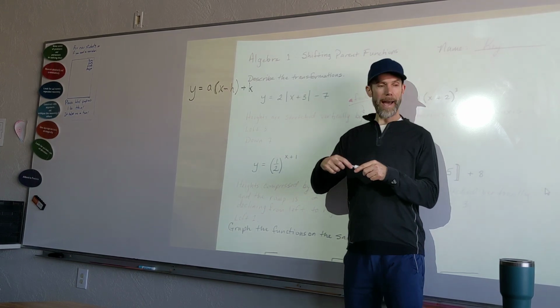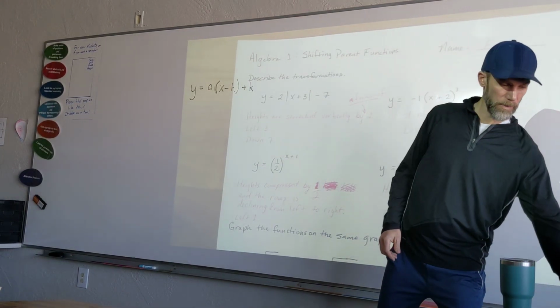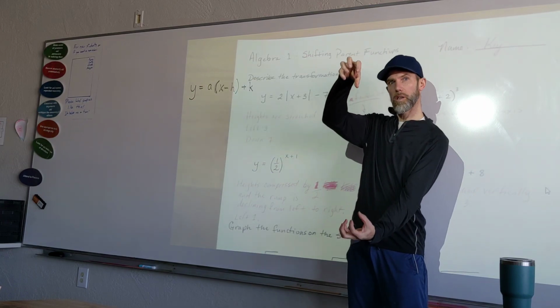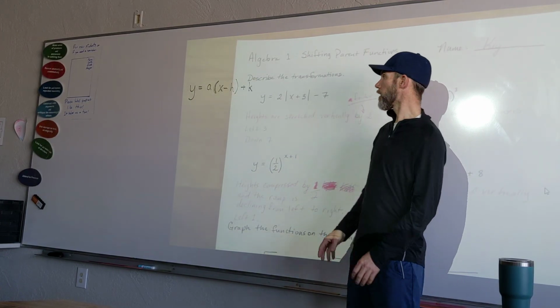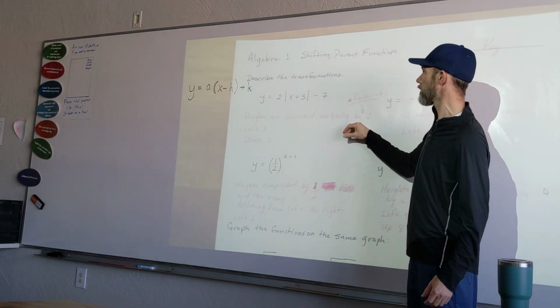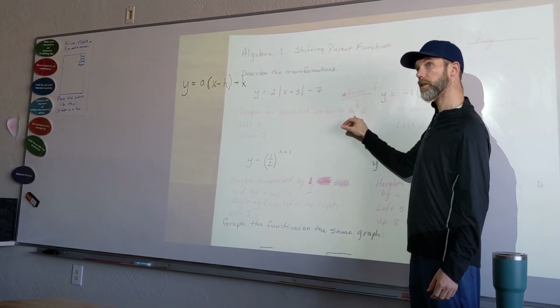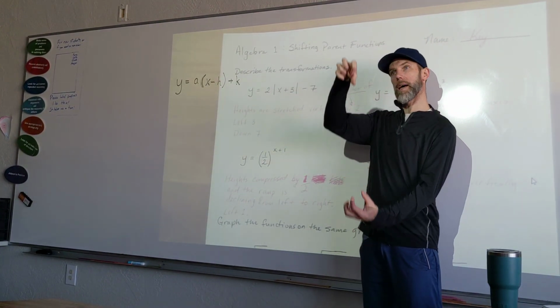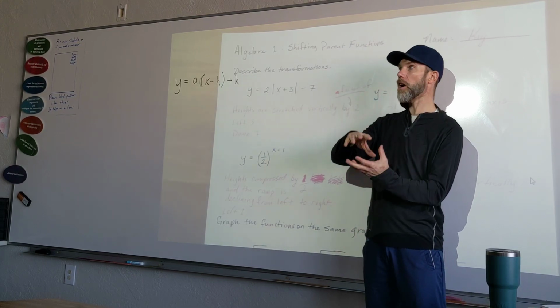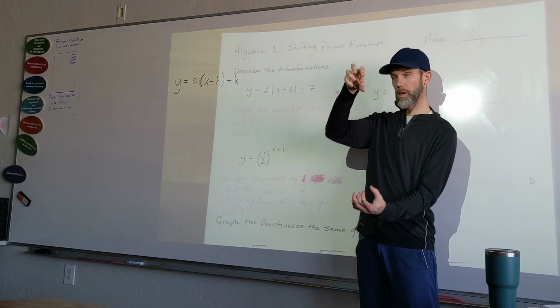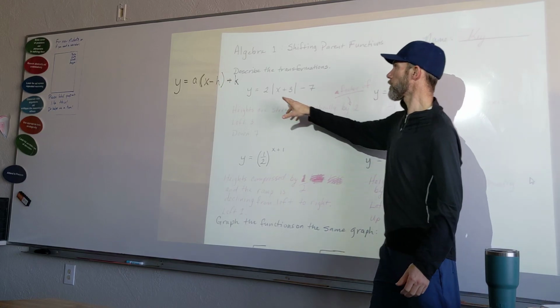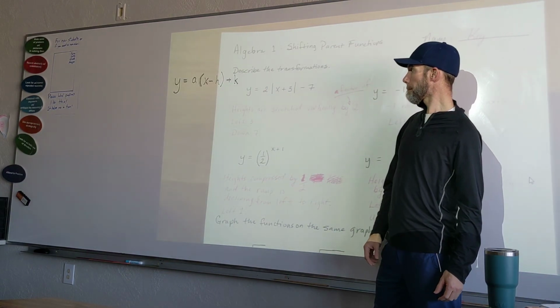What does it multiply by 2? Everything else. The heights. It stretches the heights. So I say heights are stretched vertically by a factor of 2. A factor means multiply, so the heights are doubled. All the heights everywhere on the graph are doubled. So it's stretched vertically. That's what the 2 does.